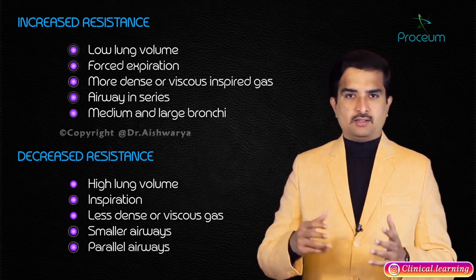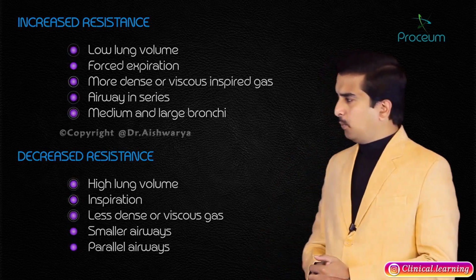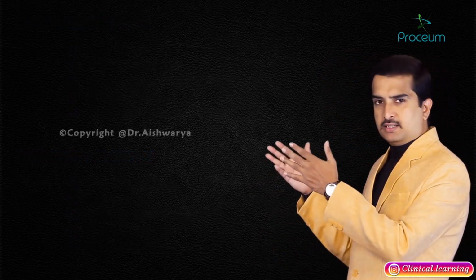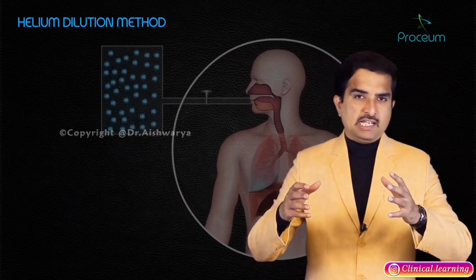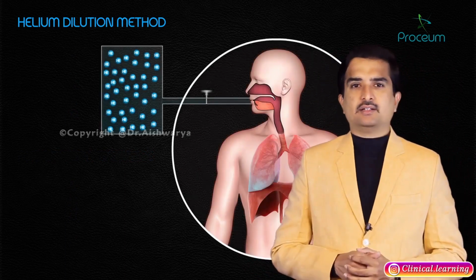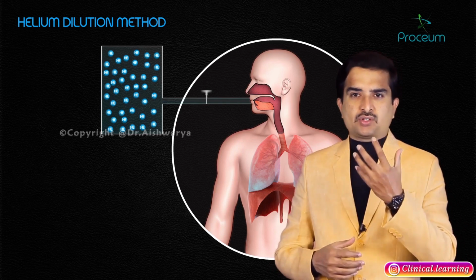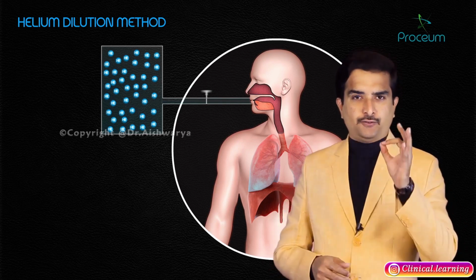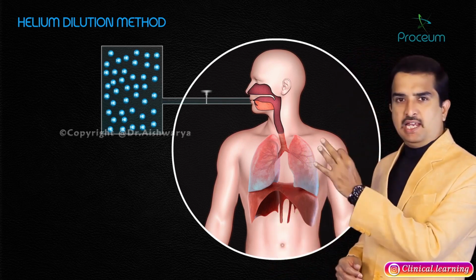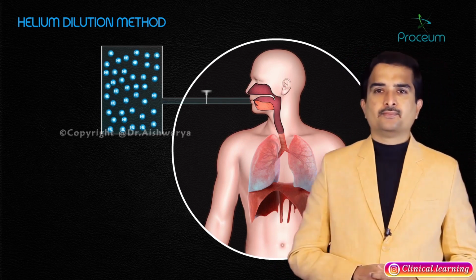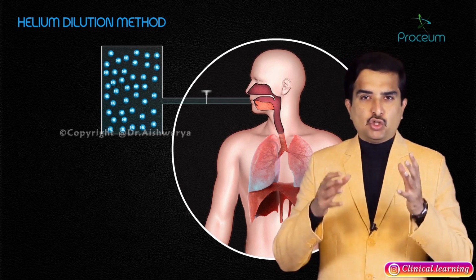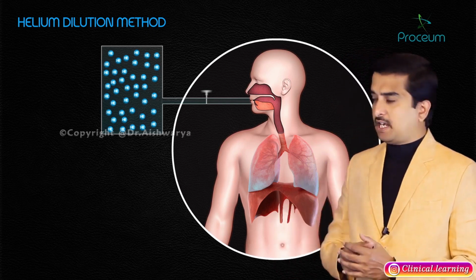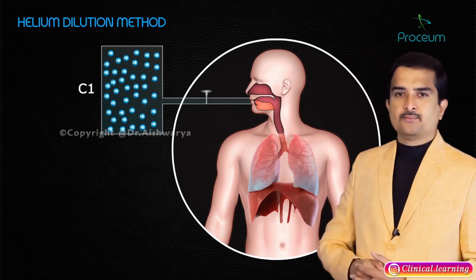After discussing resistance, next is a very important method called the helium dilution method. This is a closed circuit technique where the spirometer is filled with a mixture of helium and oxygen. The concentration of helium in the spirometer is known at the beginning of the test and is called C1.